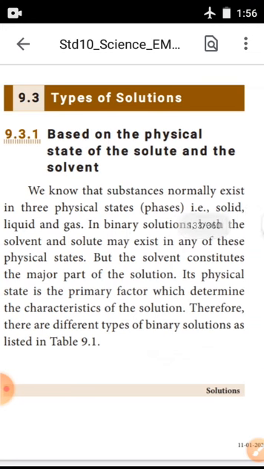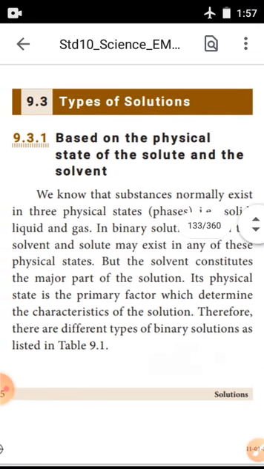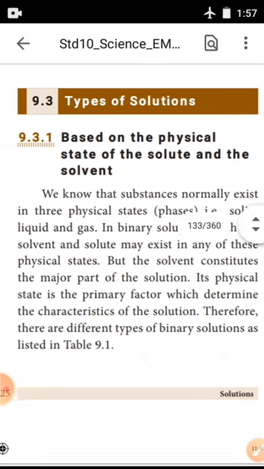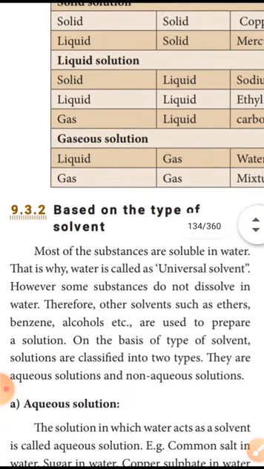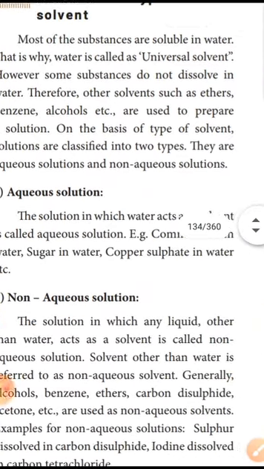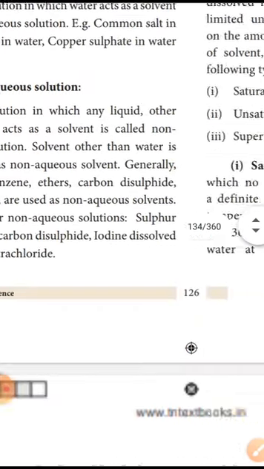And see the next paragraph. Types of solution. The types of solution are based on the physical state of solute and solvent, the type of solvent, and the amount of solute.